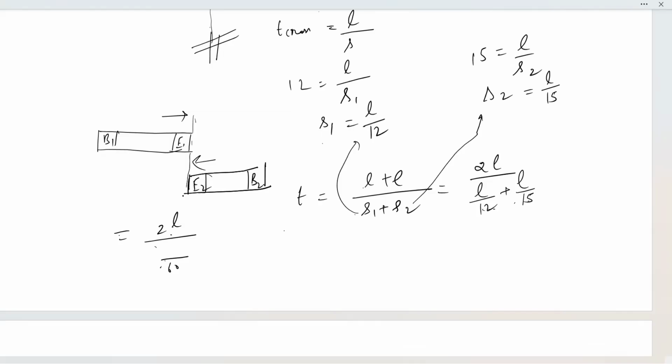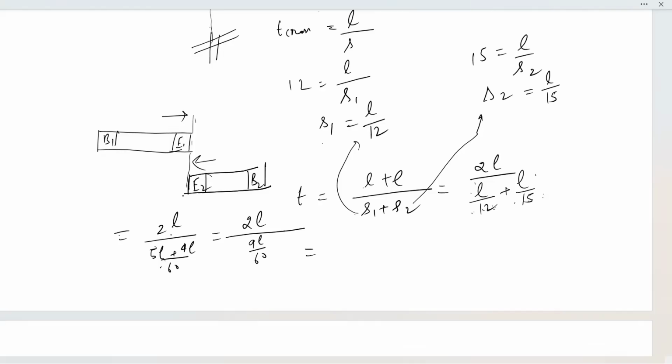The LCM gives you the common denominator. To make this 60, I have to multiply by 5 up and down both, and to make this 60, I have to multiply by 4 in the denominator and numerator. So we'll get 5L plus 4L. This becomes 2L upon 9L by 60.